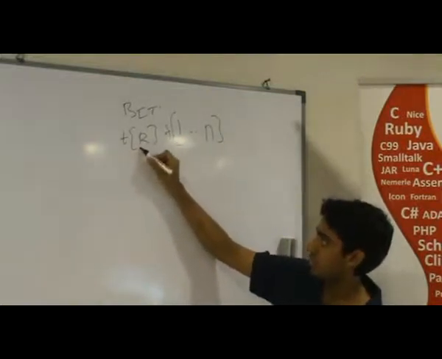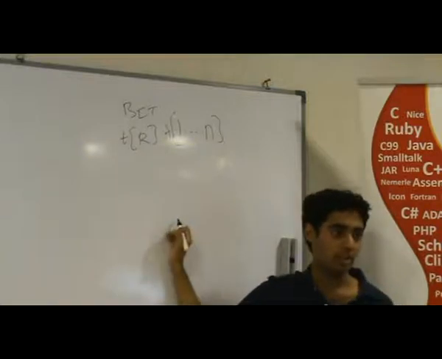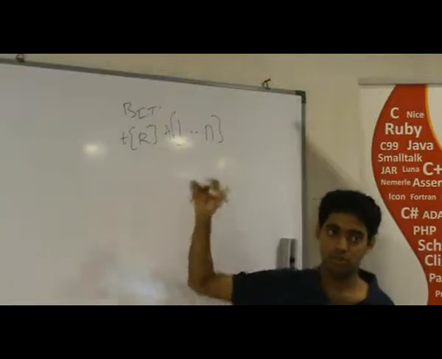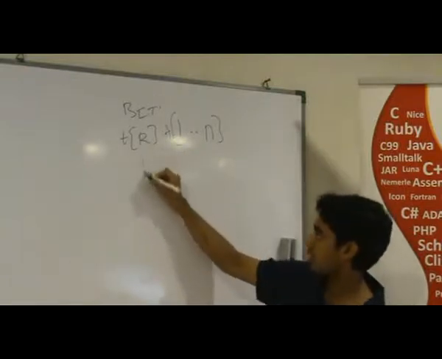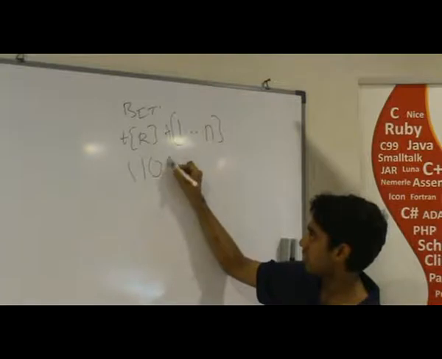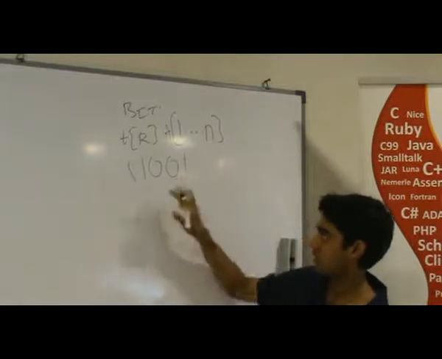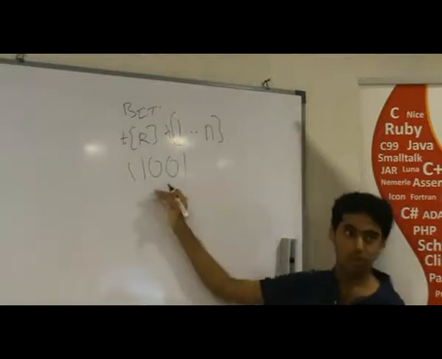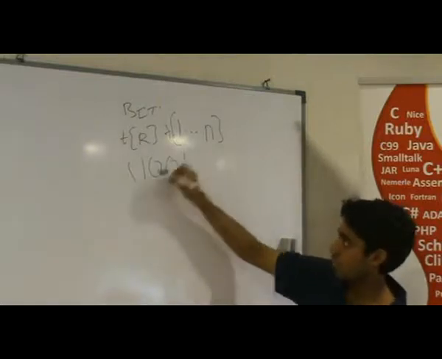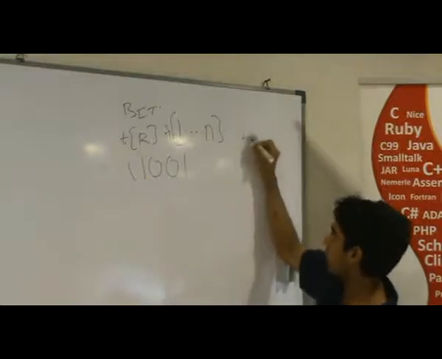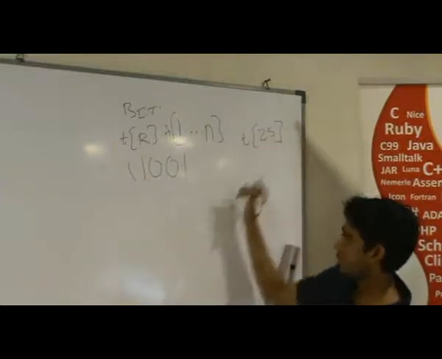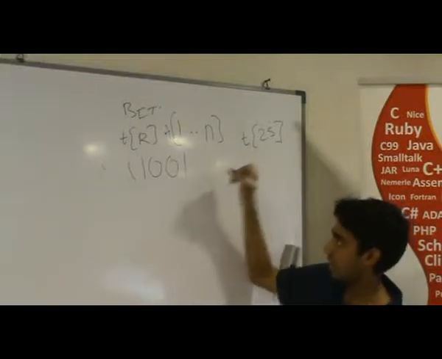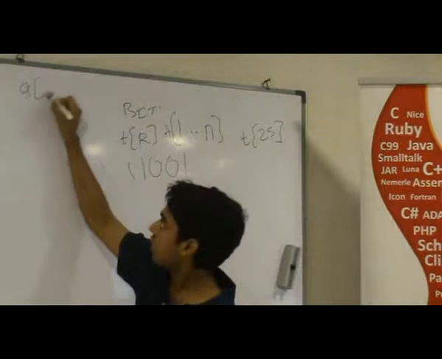I'll show you. The first thing we do is represent k in binary form. Let's say k is 25, which is 11001. So what will T of 25 store?